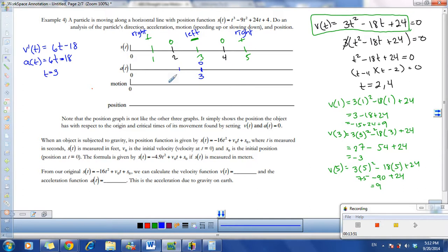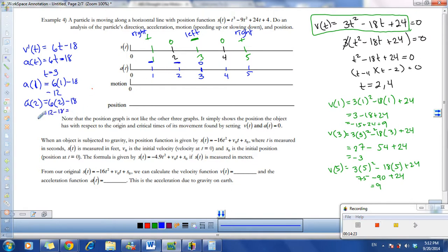Okay, so I'm going to use those same numbers as before on my other number line, and we're going to check out what's going on here. At a of 1, I get 6 times 1 minus 18, which is negative 12. So I'm negative right here. At a of 2, I get 6 times 2 minus 18, which is 12 minus 18, a negative number.